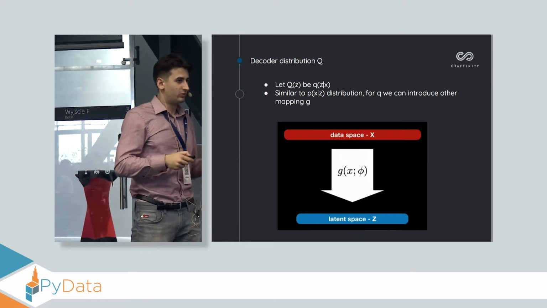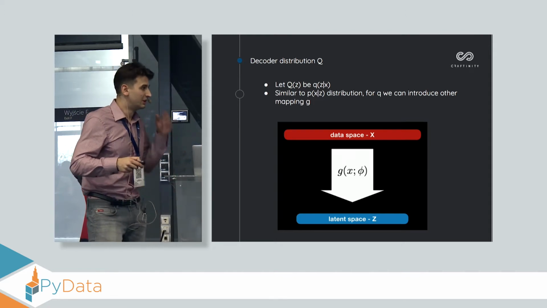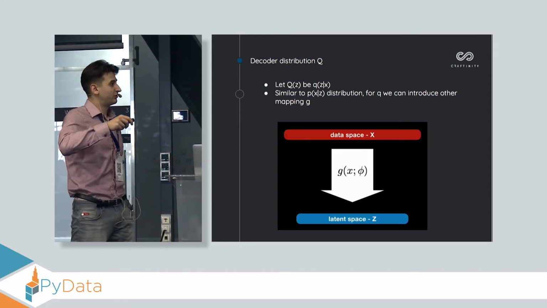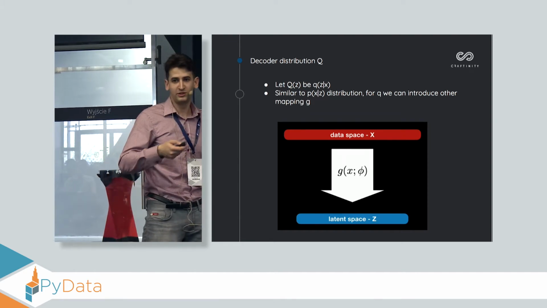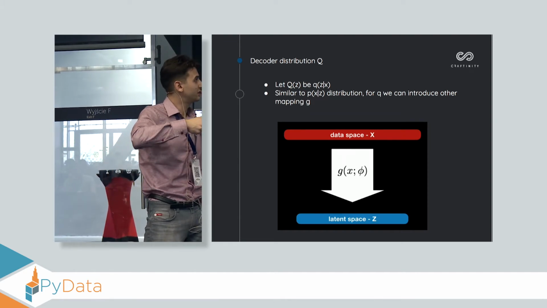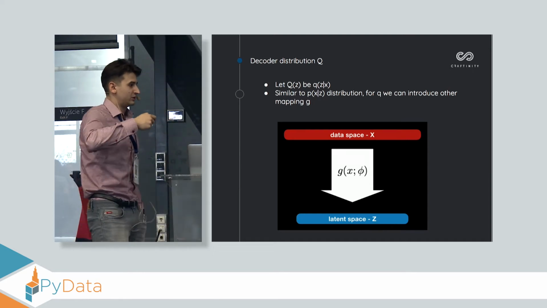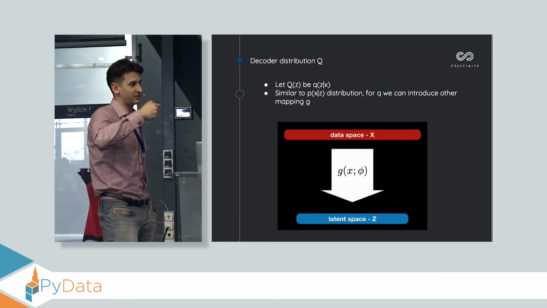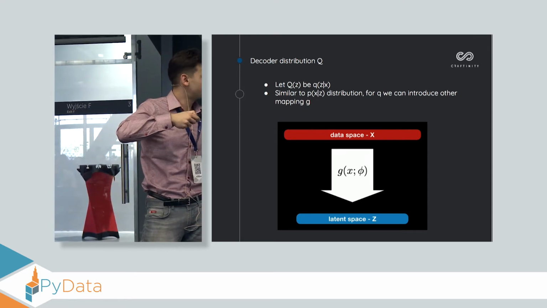Because we derived the lower bound, we now have two distributions involved in the VAE. The first is the generative P, and the second is the posterior Q. P takes Z and gives us X, and Q takes X and gives us Z.